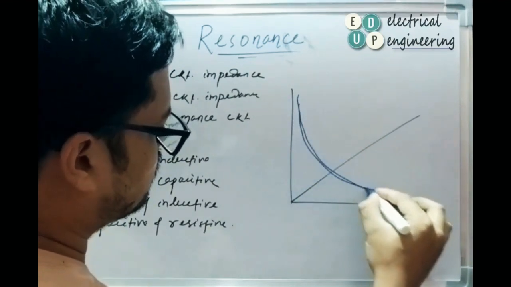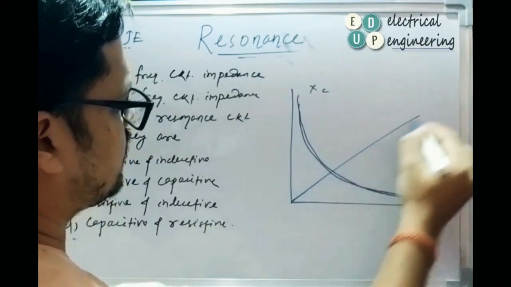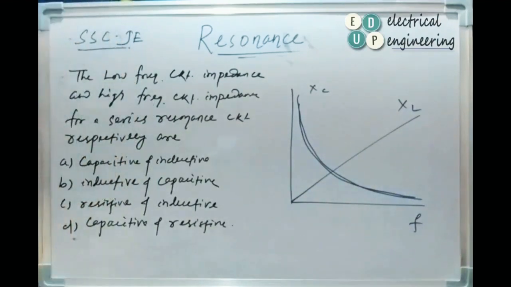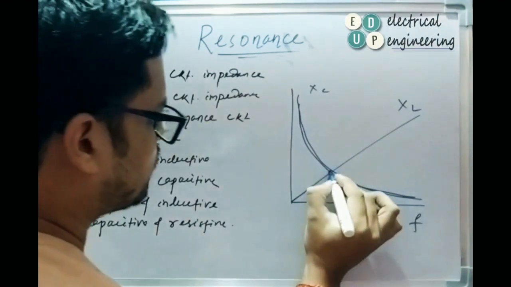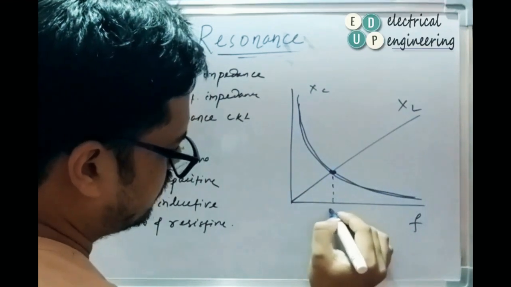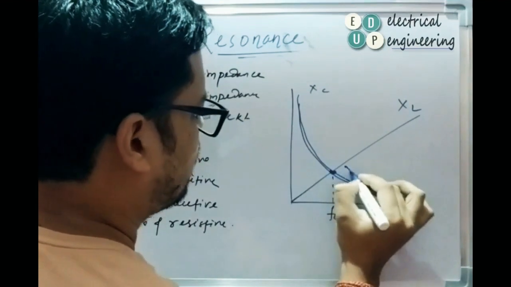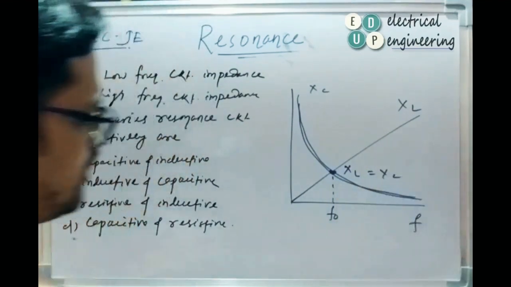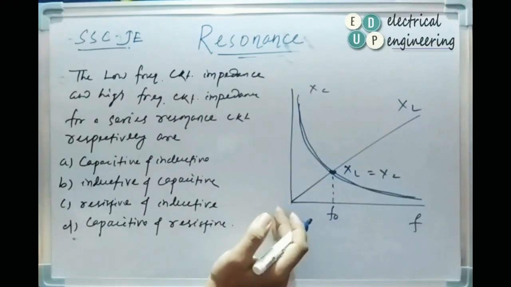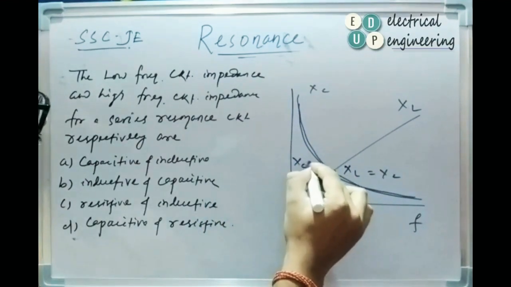See, this is a graph of XC versus frequency, and this is XL versus frequency. I have already told you this point is the point of resonance, and this frequency is F0, the resonant frequency, where XL equals XC. Before that, at lower frequencies, XC is greater than XL.